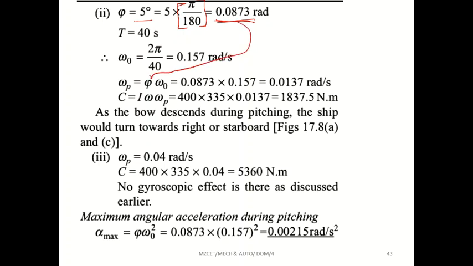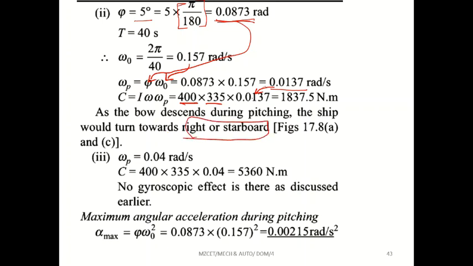Substitute it here, and this omega naught value is here, and you will get the omega p value. Now substitute the omega p value inside. Already we have I value and omega value. Now you will get the gyroscopic couple value.